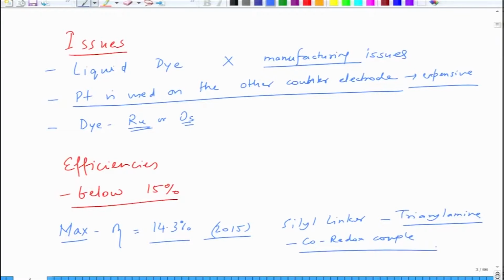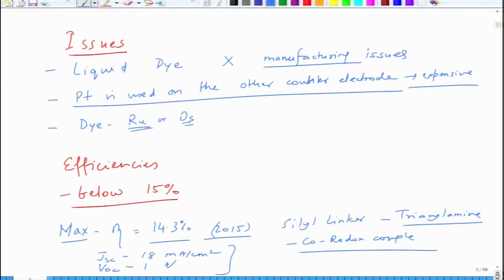This gives an efficiency of around 14% in dye sensitized solar cells with JSC of about 18 milliamps per centimeter square and VOC of about 1 volt. So, this is the status of this solar cell.